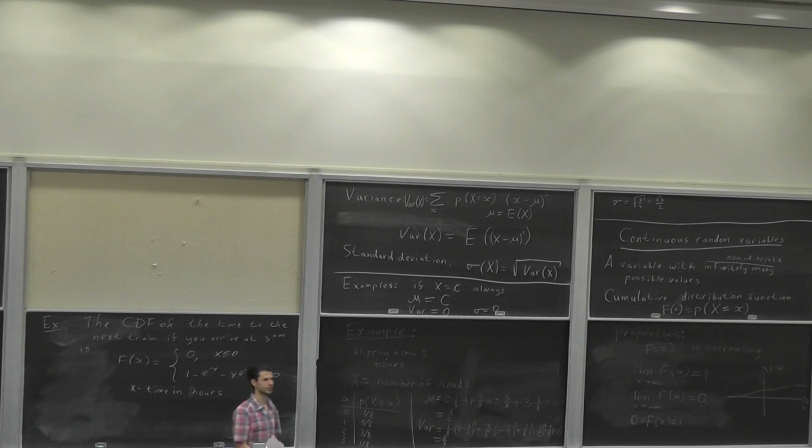It's the following thing. Your experiment, your event, is arriving at the train station at 3 a.m. and waiting for the next train. What you measure, your random variable, is how much time you wait at the station. And here's all the information you basically need to know about this variable. It's the cumulative distribution function.